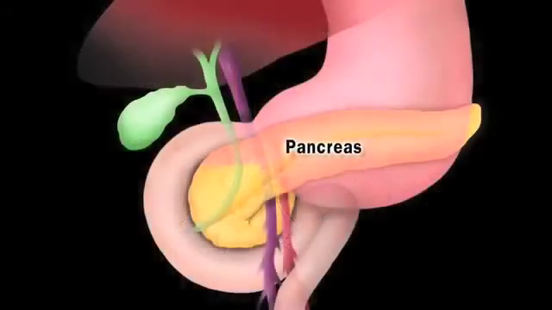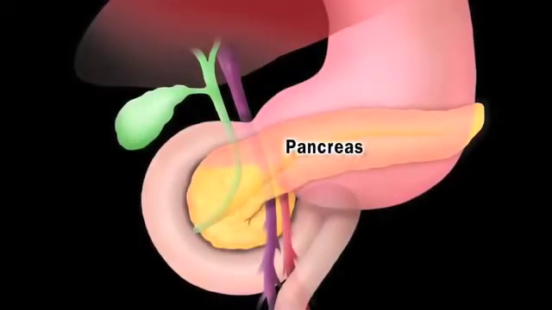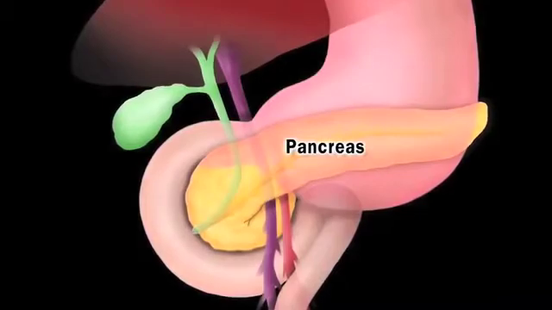It doesn't do anything useful, and just simply through growing, bits breaking off and spreading and growing elsewhere, it replaces and consumes those organs that we need to survive. The pancreas is an organ which lies at the back of the abdomen. It passes from here across to here. It's shaped a little like a fish with a head, body and a tail.